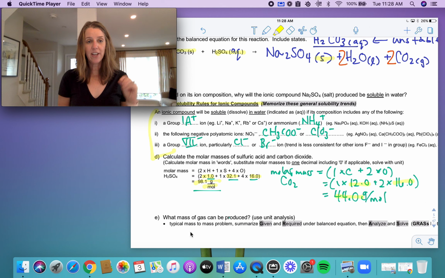So I can have 12 bananas. I can also have a dozen bunches of bananas, right? I still have a dozen things, which is 12, but it just depends on what you're referring to, okay? So atoms are so small that chemists will refer to them as groups, and groups with regards to a mass, because we need to be able to use them in the lab in a way that makes sense.